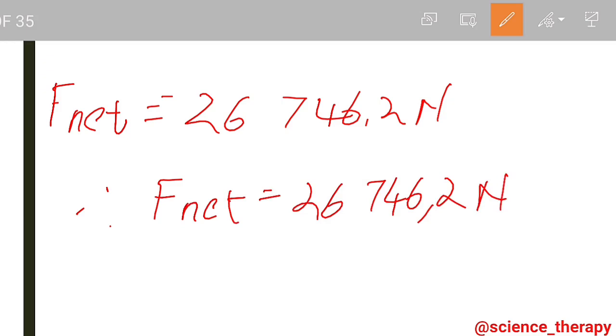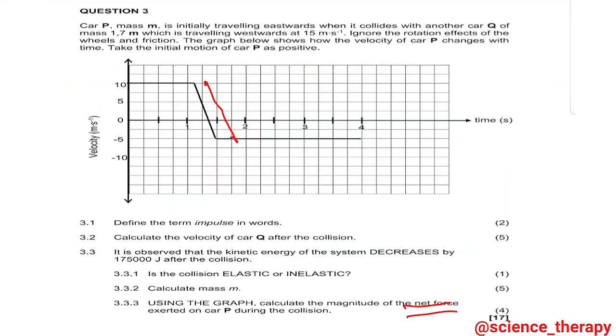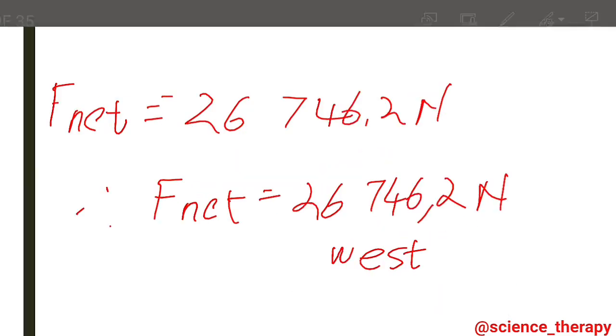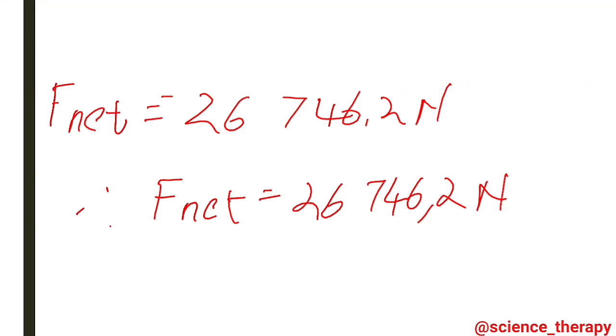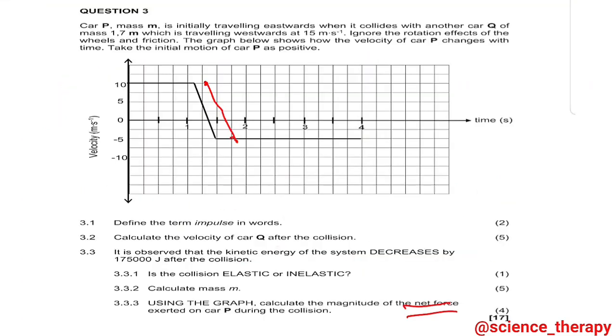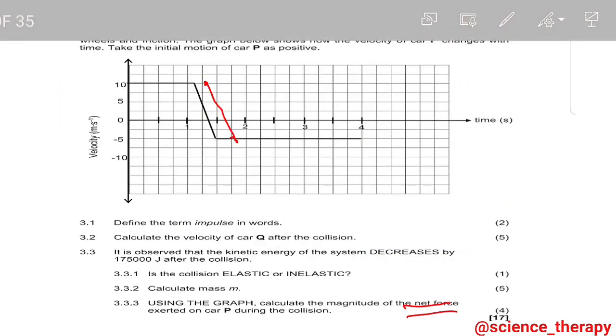So since it is the force that is experienced by car P, this force is going west. So this is the force it experiences from the other car, from car Q, when it collides with it. So calculate the magnitude. So there's no need for direction also, because they said magnitude. So you can just come here and erase the direction. Remember, when it says calculate the magnitude, you are only required to give us the size and not the direction.